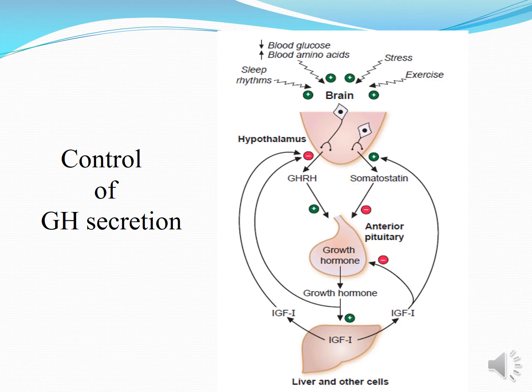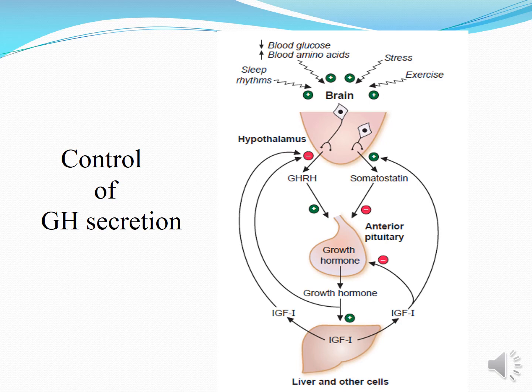The growth hormone is produced by the anterior pituitary when the growth hormone releasing hormone is activated in the reverse conditions.